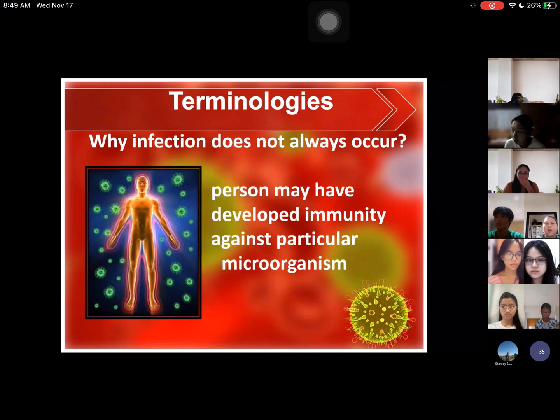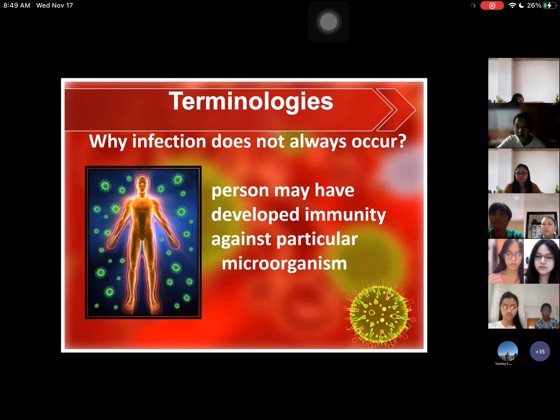Okay. Next, a person may develop immunity against particular microorganisms. So that's why infection does not always occur. Okay, in developing immunity, you have had the infection or the disease before, so you might have developed immunity against that particular microorganism.